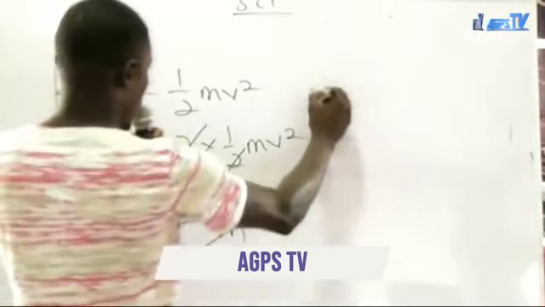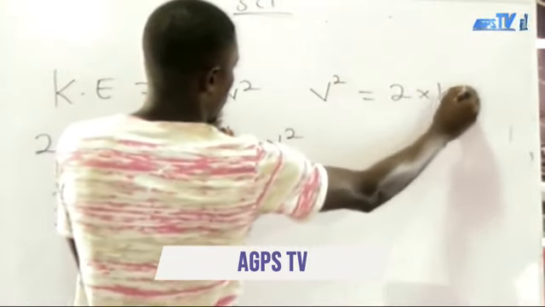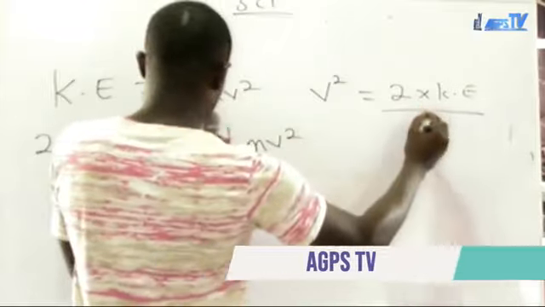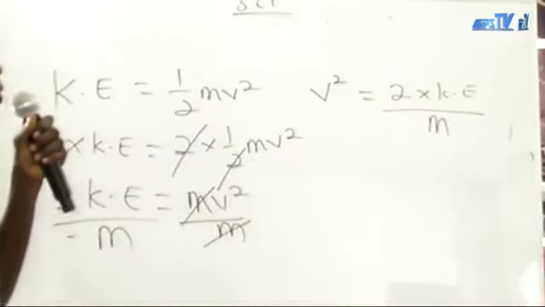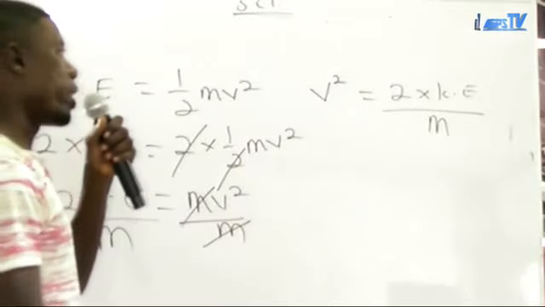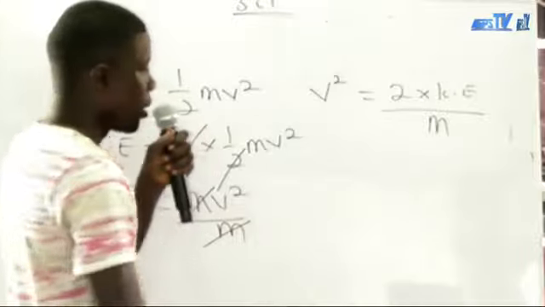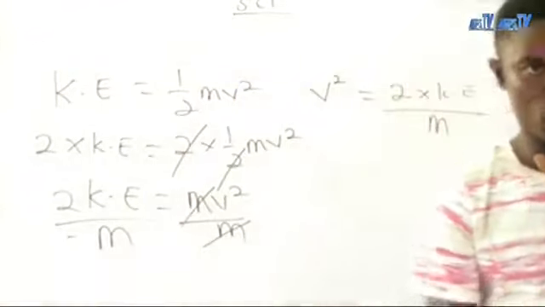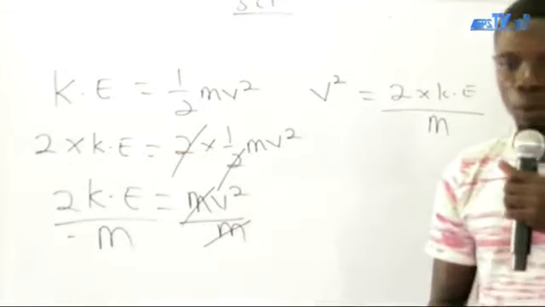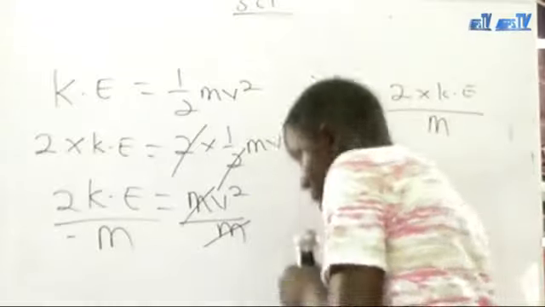So here our v squared is equal to 2 times KE over m. So after finding the v squared, you find the square root of both sides. So we are going to solve some problems concerning the velocity.